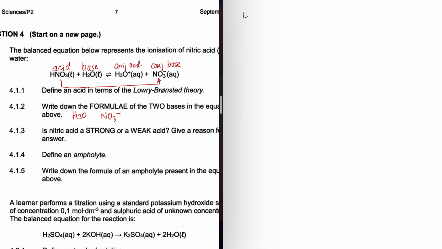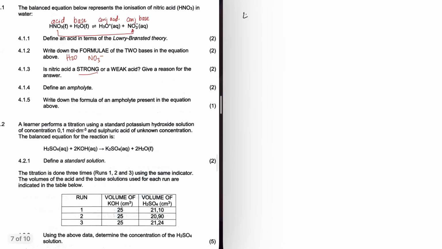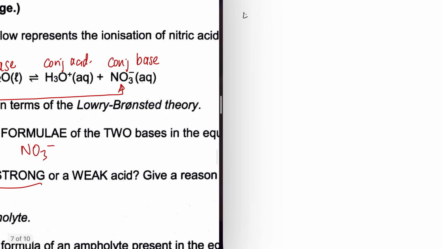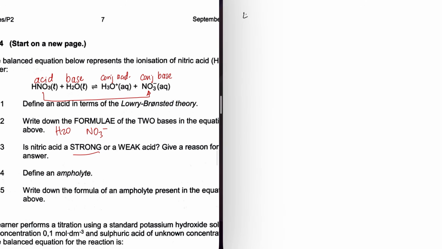Is nitric acid a strong or weak acid? Give a reason for the answer. So it is a strong acid for the simple reason, and we can see it here, it ionized completely. So HNO3, it gave away the only proton that it had and it became NO3 minus. So because of that, it is a strong acid.